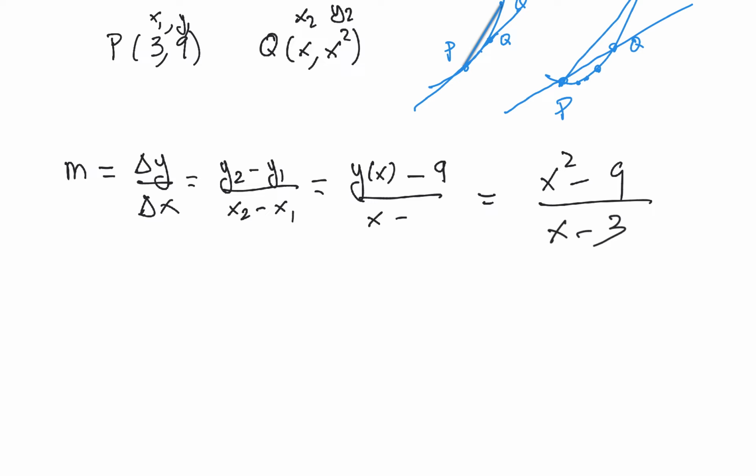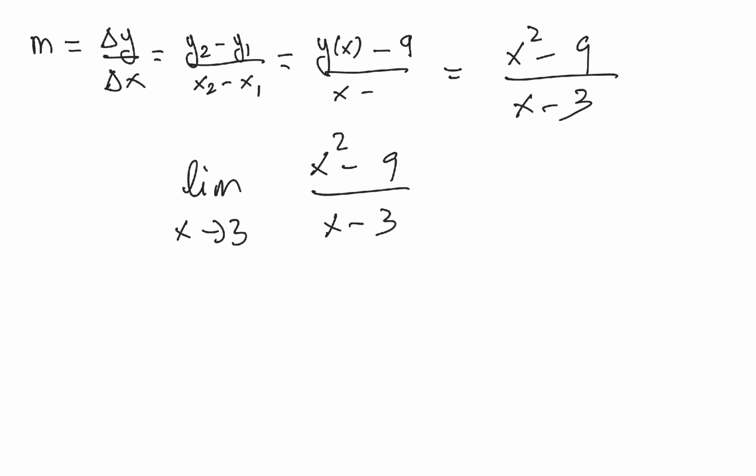And what we want to figure out is the limit when x tends to 3 of x squared minus 9 divided by x minus 3. To make this limit, which we will do formally in the following classes, we remember that a squared minus b squared is a minus b multiplied by a plus b.